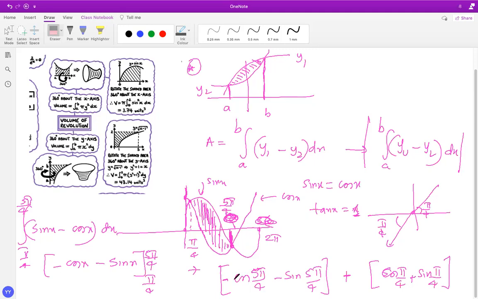So this answer is negative 1 over root 2, and it becomes positive. So 1 over root 2 plus 1 over root 2 plus 1 over root 2 plus 1 over root 2. The answer is 4 over root 2, which you can write as 2 root 2. This is the exact answer for the area bounded by both the graphs.